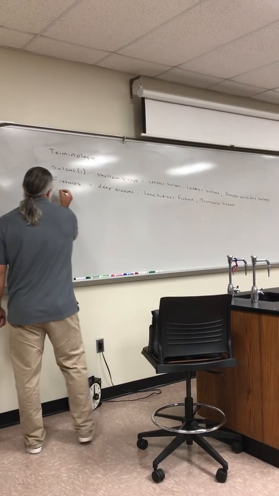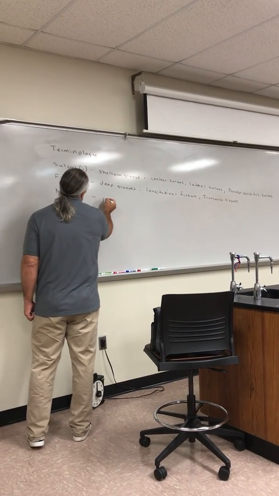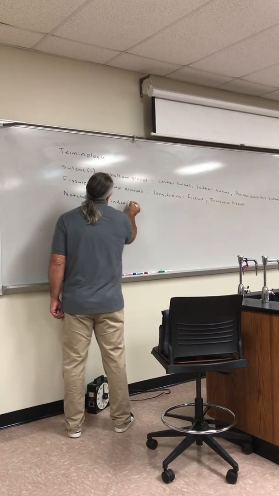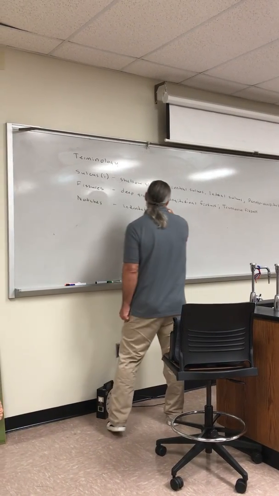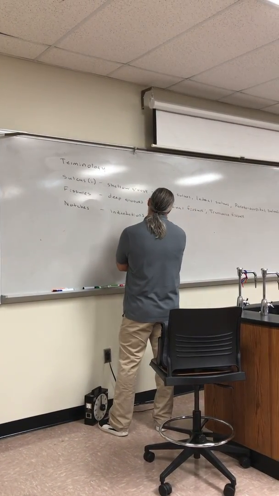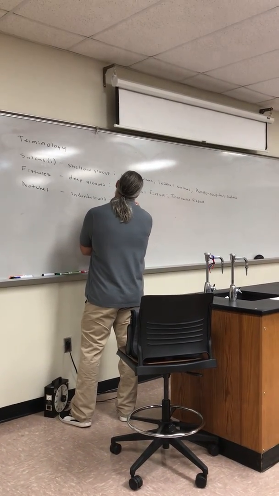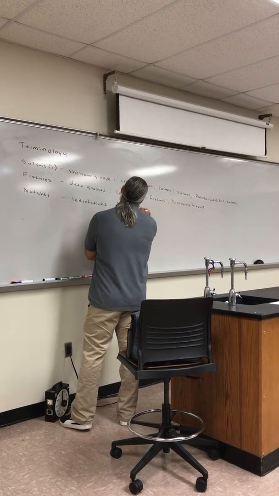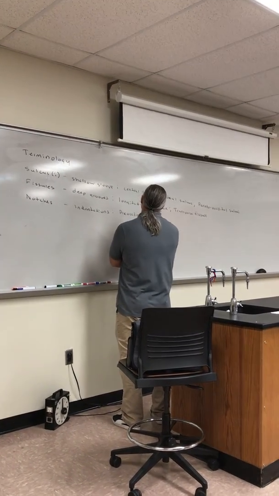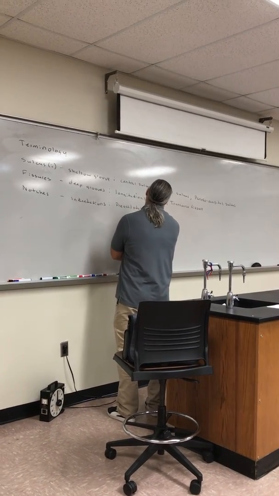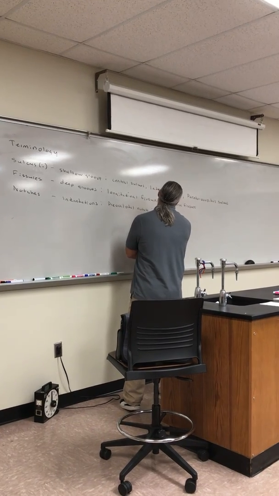Okay, then we have notches. Notches are just indentations. And we're going to have two notches that I want you to know about: the pre-occipital notch and the posterior cerebellar notch.